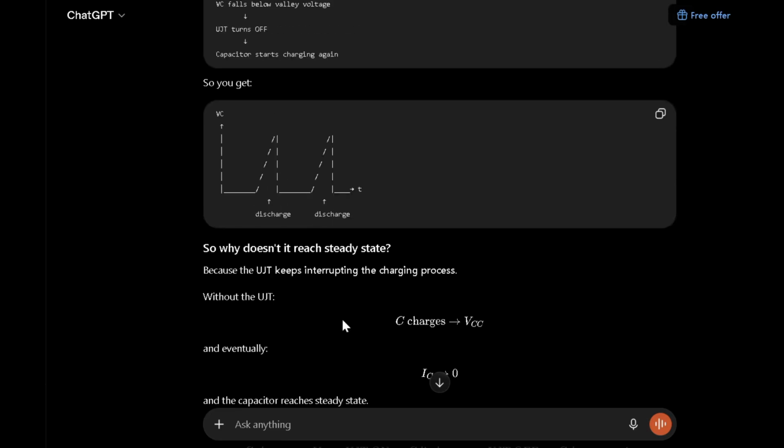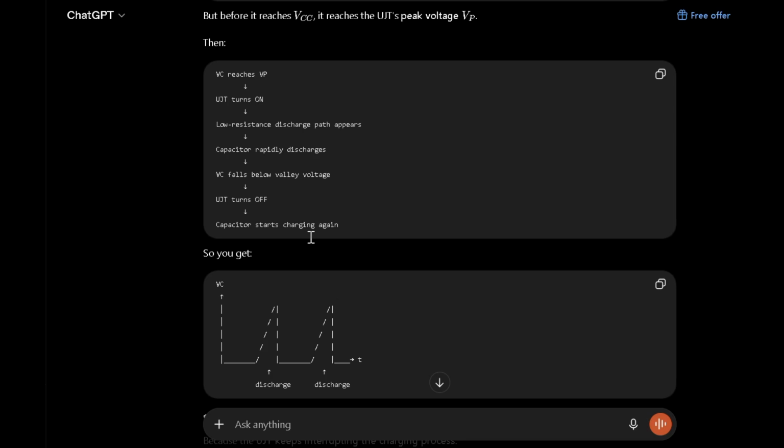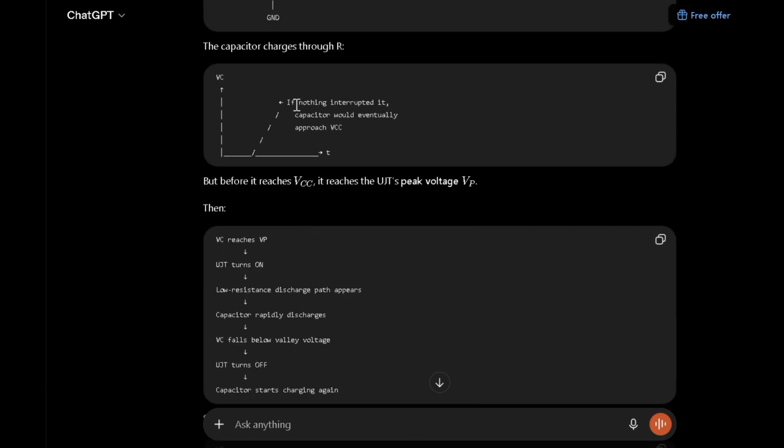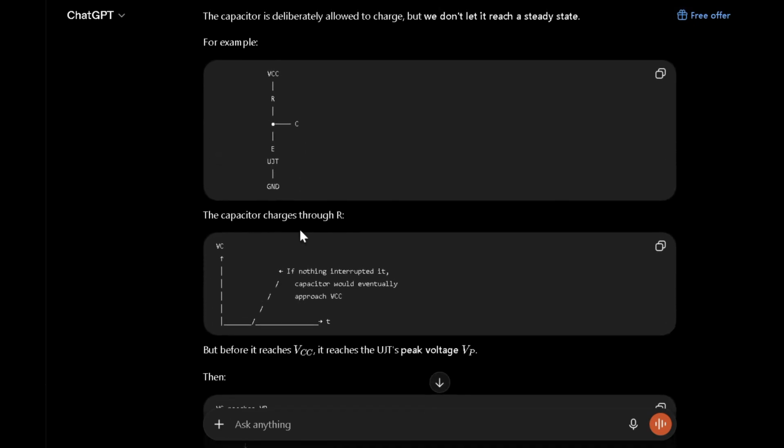So what happens here? The capacitor stores charge and its voltage increases, and it needs to get discharged before it reaches steady state. Before it gets there, the UJT is turned on.